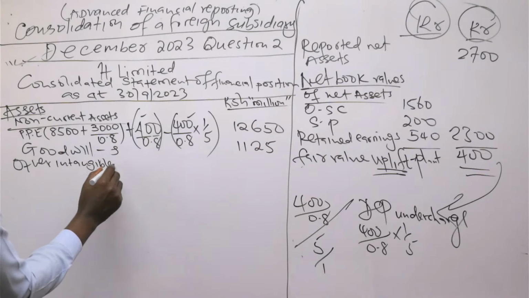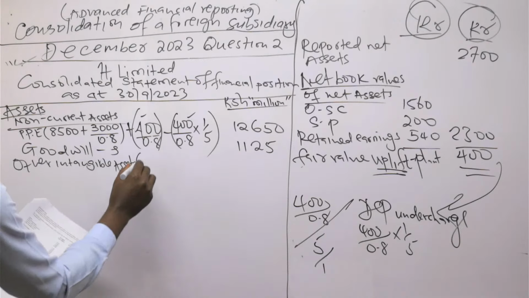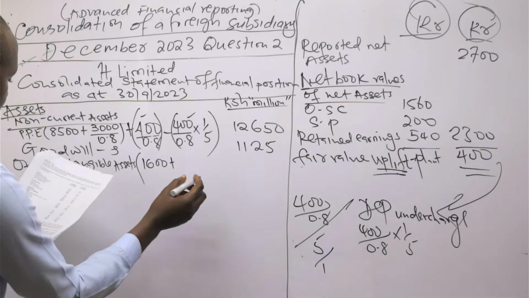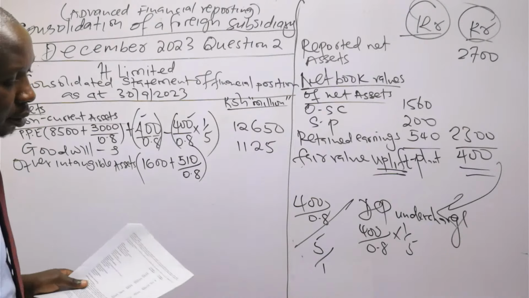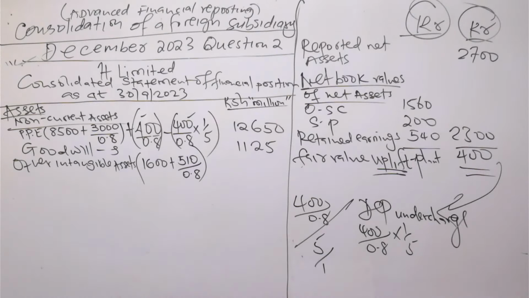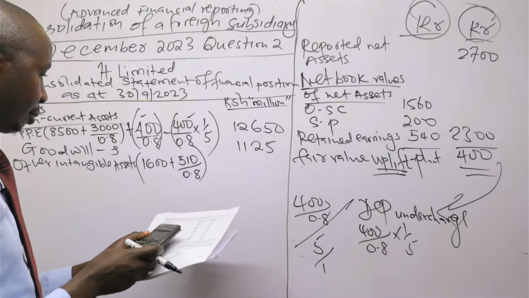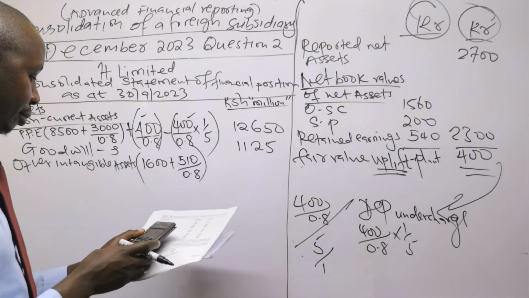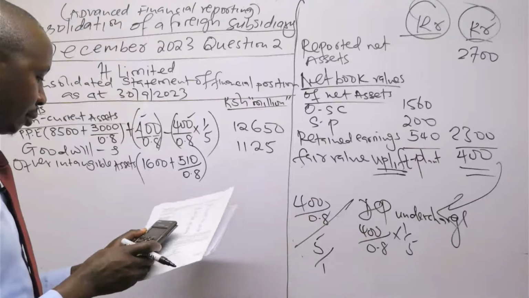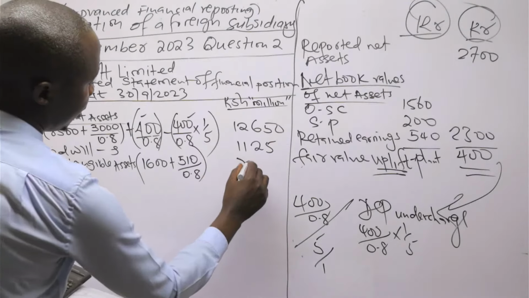Next is other intangible assets. For the other intangible assets, remember that it's 1600 plus 510. We translate using closing rate at 0.8. So 1600 plus 510, this is 2237.5.